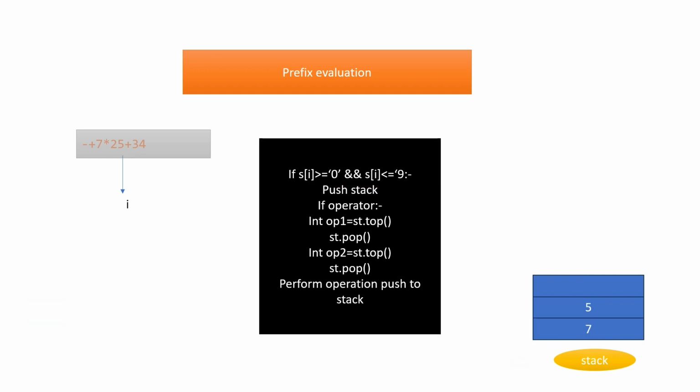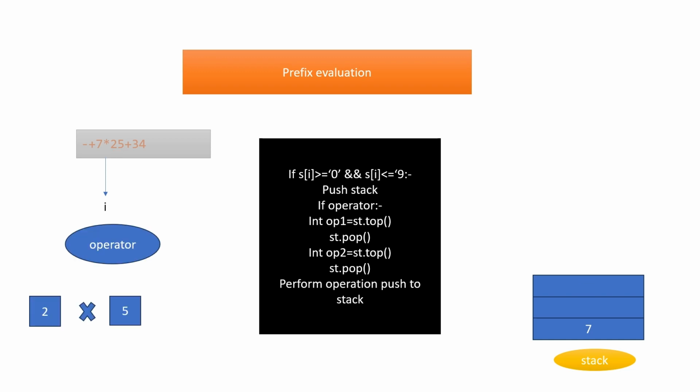After that, 3 plus 4 is 7. We push it in the stack, and now i is at 5, and it is a digit, so we push it into the stack. When i is incremented and now at 2, we need to push that digit in the stack, and we increment i.